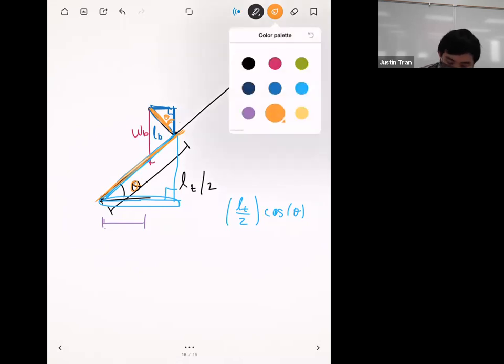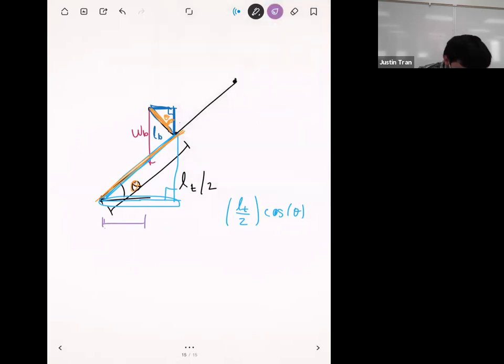Now with this in mind, we can find the horizontal length here. That horizontal length is going to be LB times sine theta. And so the total horizontal distance is going to be the difference between this one and this one.